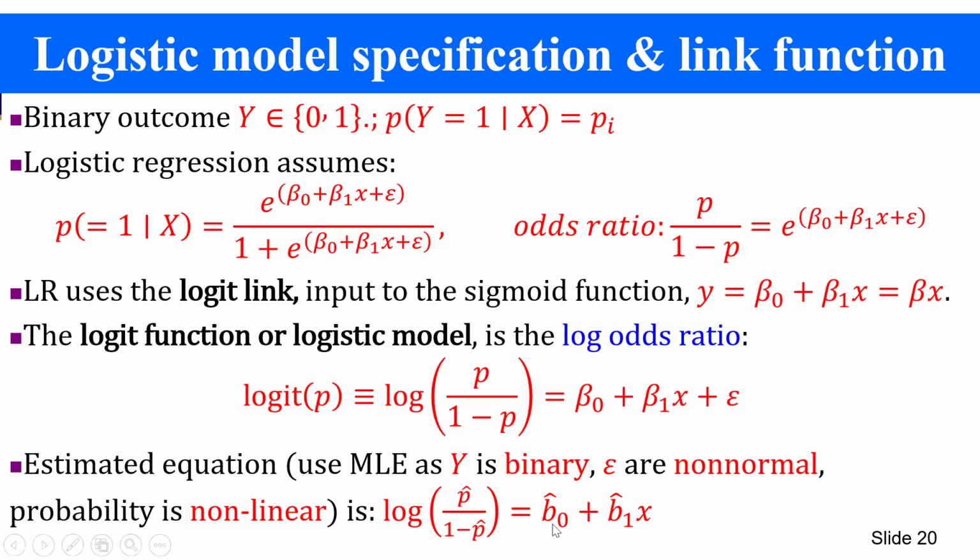And finally, the probability itself is not linear. All these three reasons are why we use maximum likelihood estimation. So when I do maximum likelihood estimation on the log of the odds, I'm going to get these values, the B caps. The caps simply mean they have been estimated. They are numerical values. And the error term has vanished because we are using maximum likelihood for a non-normal, non-linear relationship to normalize and linearize things.